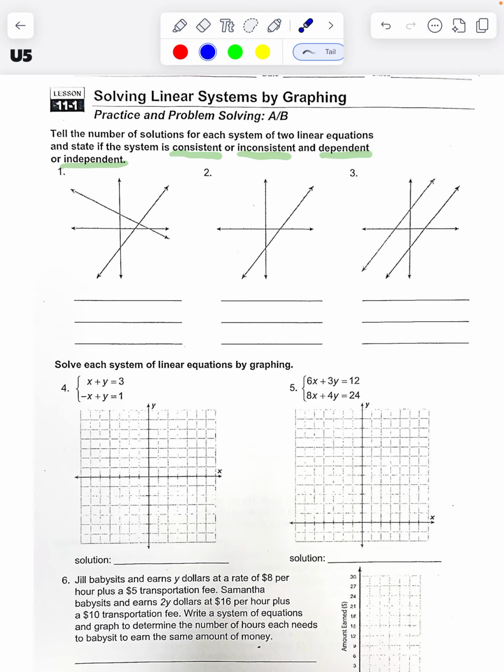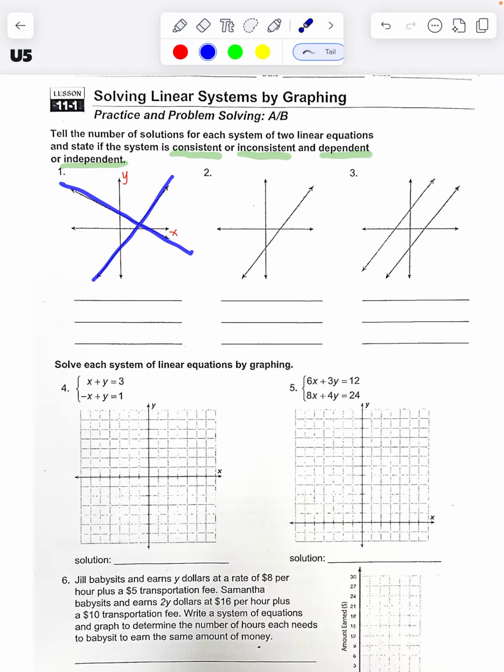The first graph, we have the y-axis and x-axis, right? For the x and y coordinate system, now we have two lines. One is this, another one is this.